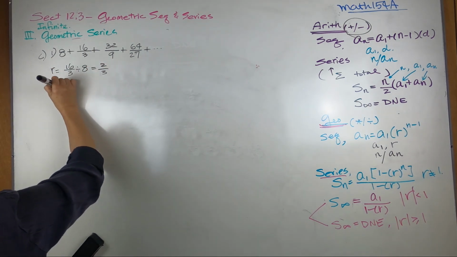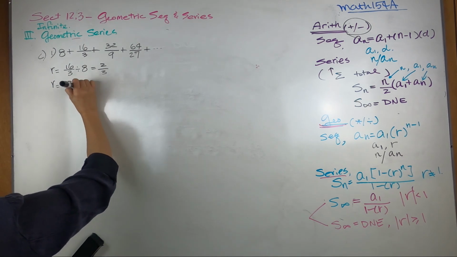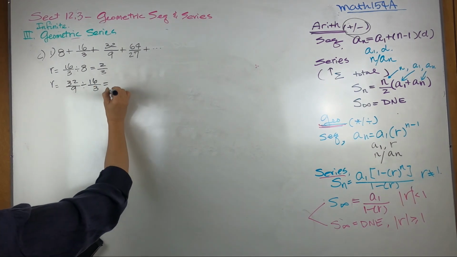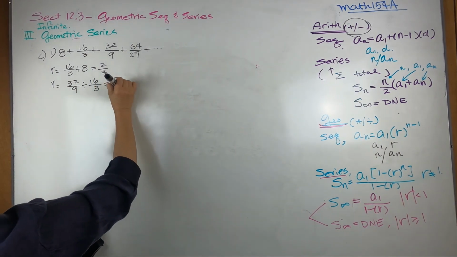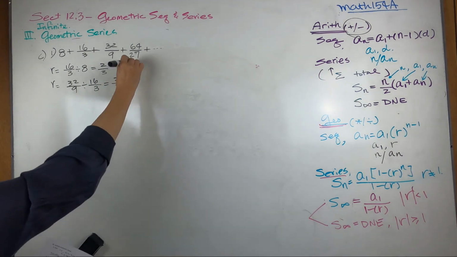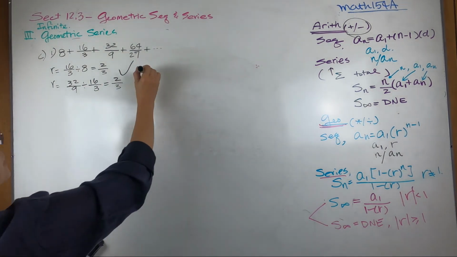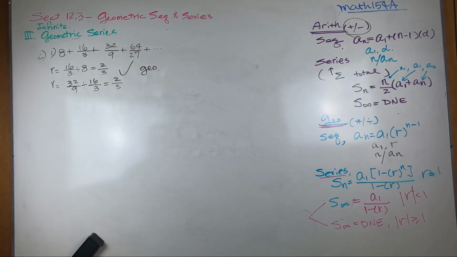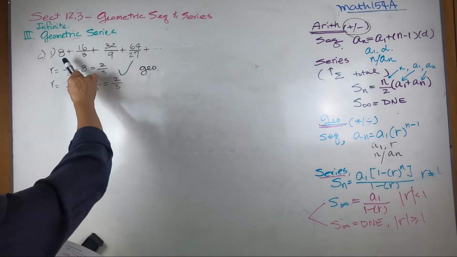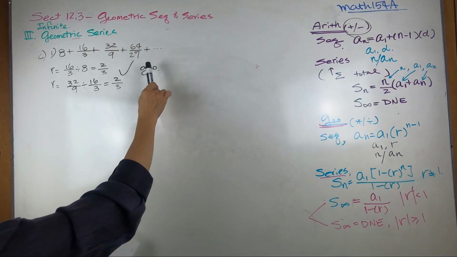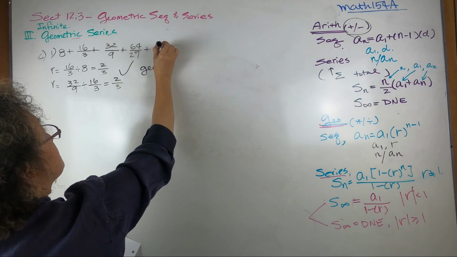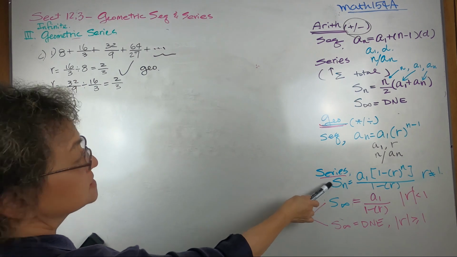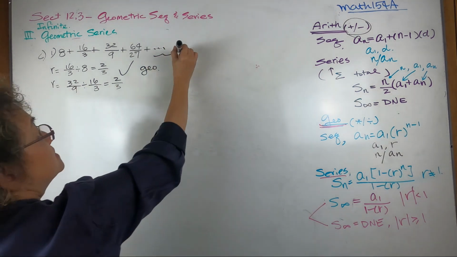Or you can do 32/9 divided by 16/3. Yes, you do have 2/3 as your fraction. So we have a geometric sequence. Then try to find the series. When we have the dots, it means we need to find the series. Do we have an answer?